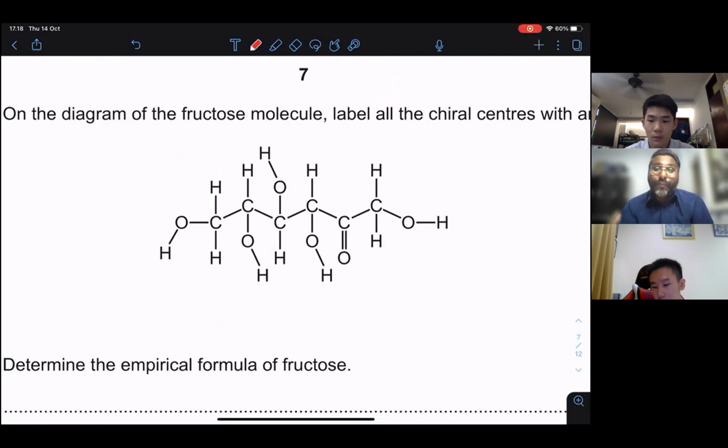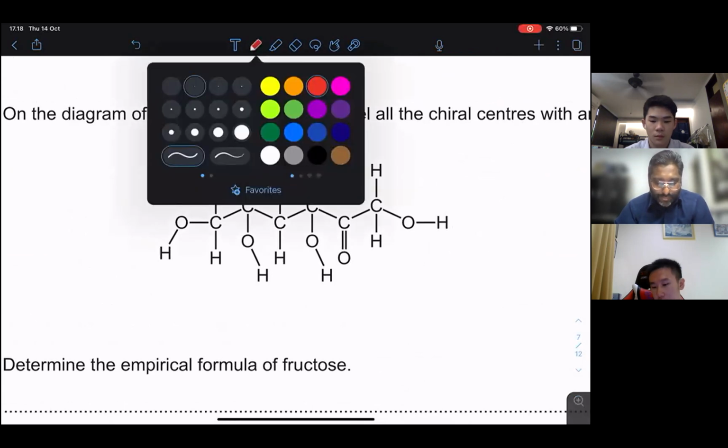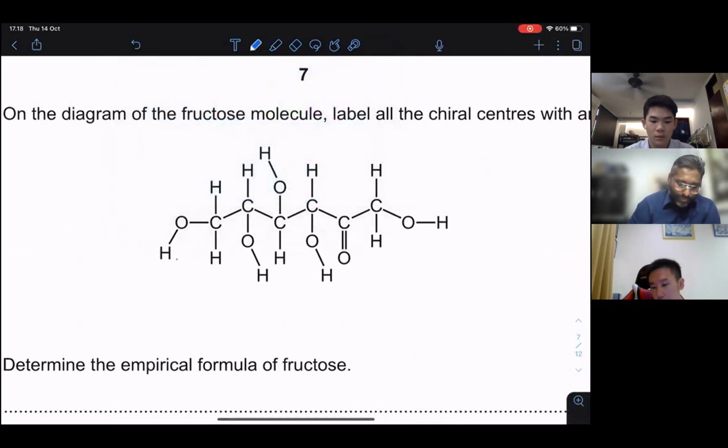I want 4. Here you see 2 same groups, no. So here you see HOH, this is a different group.